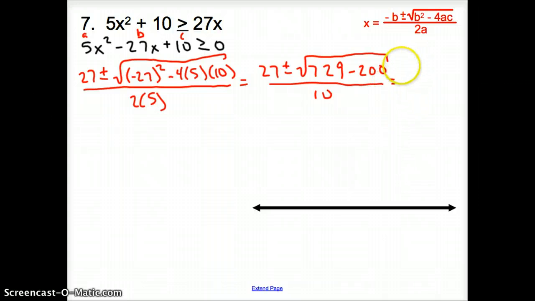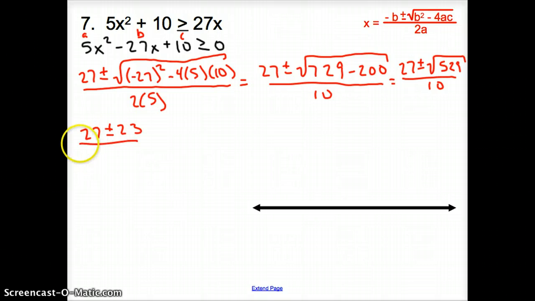It's going to equal 27 plus or minus the square root of 529, and that all goes over 10. All that was is the quadratic formula. We can keep going with this though, because the square root of 529 turns into 23. So it's 27 plus minus 23 all over 10.